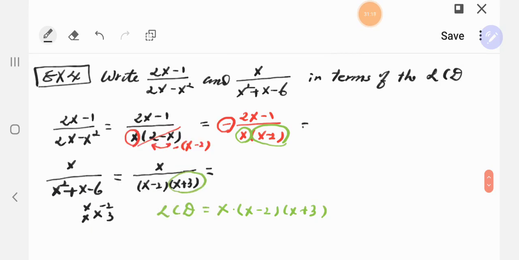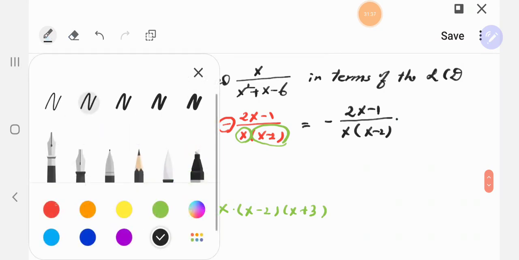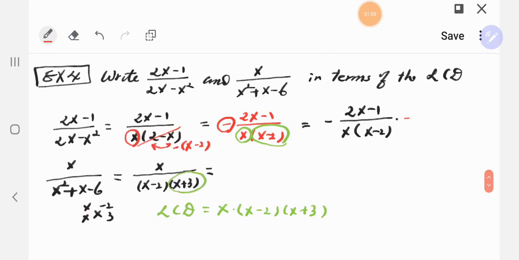Negative, the numerator 2x minus 1 divided by x times x minus 2. I'm going to multiply this by something so that we will have the LCD x times x minus 2 times x plus 3. And then we also have a minus sign outside.